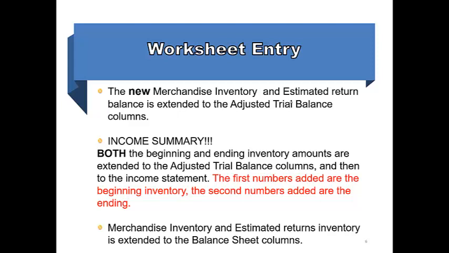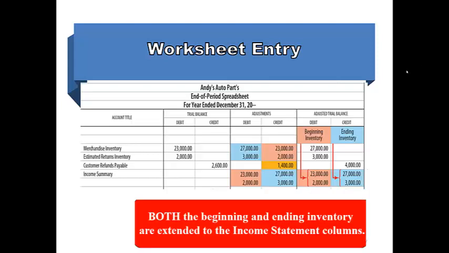You will carry both of those balances over to the worksheet. The first number will represent the beginning balance, and then the second number will represent the ending balance. So when you're calculating your cost of goods sold, you can easily identify which is the beginning and which is the ending. So let's look at that.